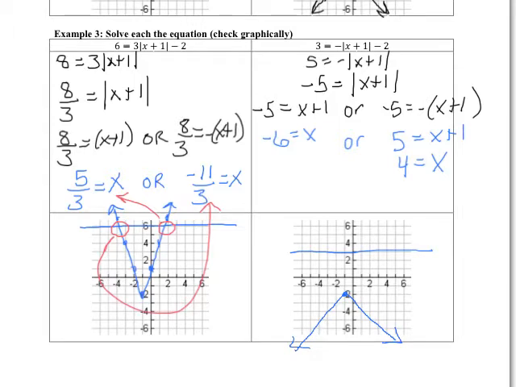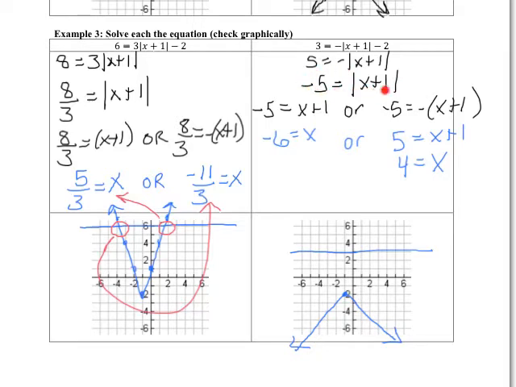So this graph appears to never cross this line. So why were we able to get two solutions? What's going on here? We got two solutions because there was a step which we did not examine closely. And this is actually why I like checking graphically.